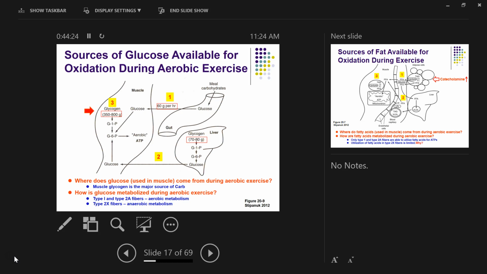That means they can oxidize glucose and produce less lactate, right? But type 2X fibers, because of a lower mitochondrial content, metabolize most of the glucose anaerobically and produce a lot of lactate, right? That makes sense?